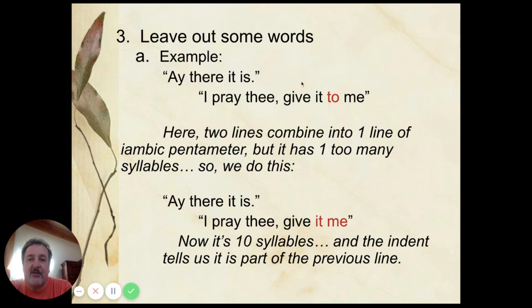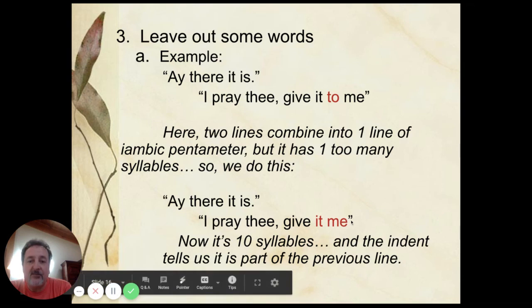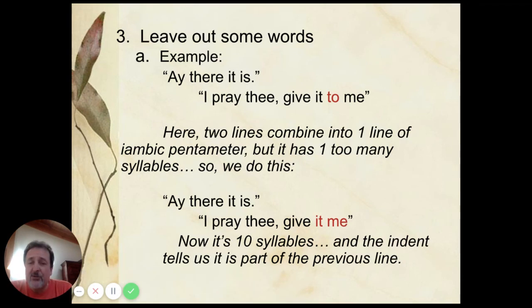I pray thee, give it to me." We have 11. So you're going to knock one out. "I pray thee, give it me." And we do that all the time in normal speaking. Someone sees you, they say, "Hi, what's up?" Right? "Not much." Those aren't whole sentences. They're quick phrases. Right? But we know what one another is saying. So they'll do the same thing in the play to chop it down.